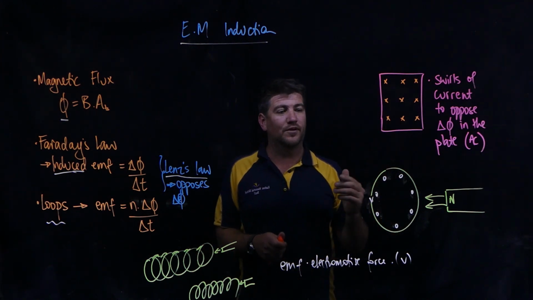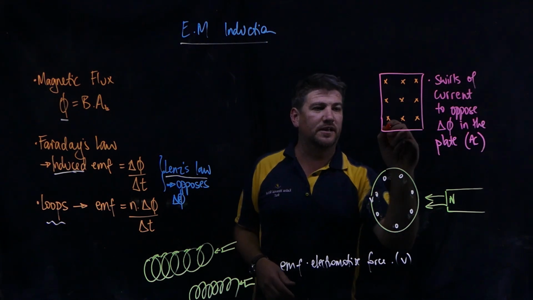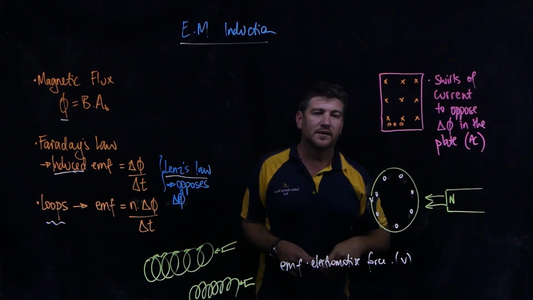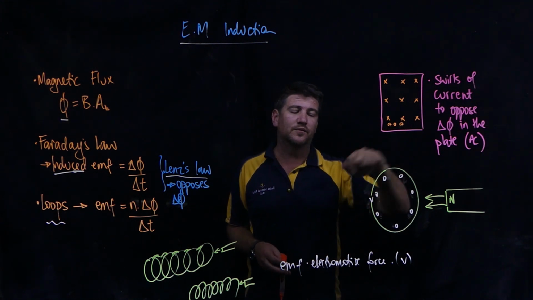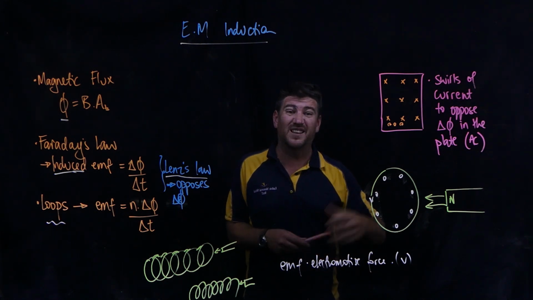So what actually happens is, if we were to zoom in on each of these microscopic little sections of the board, we would actually find that depending on which way the flux is changing, we get these tiny little swirls of induced EMF in that metal plate.